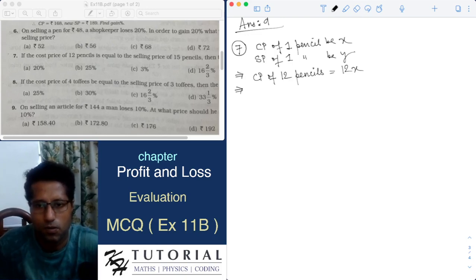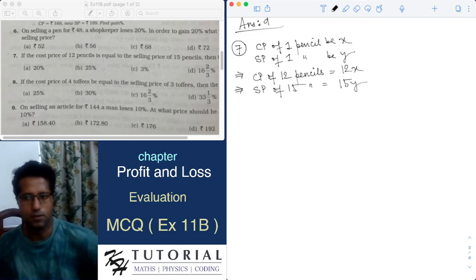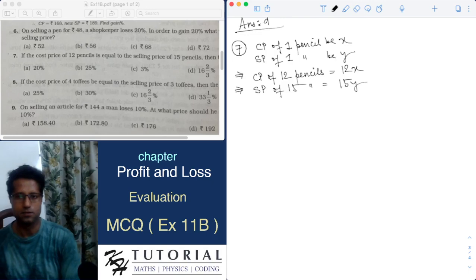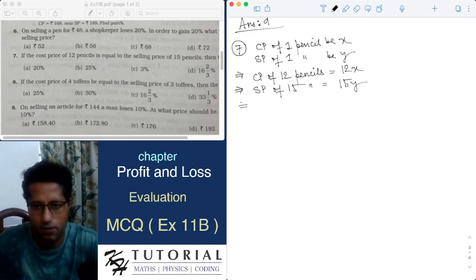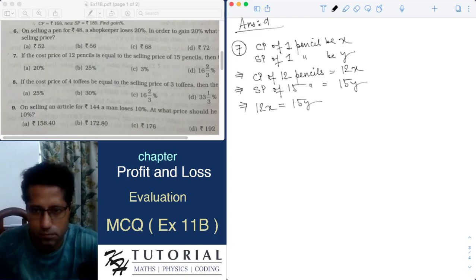Now also selling price of 15 pencils is equal to 15y. Cost of 12 pencils is equal to selling price of 15 pencils. It is given. So this implies we can say that 12x is equal to 15y.